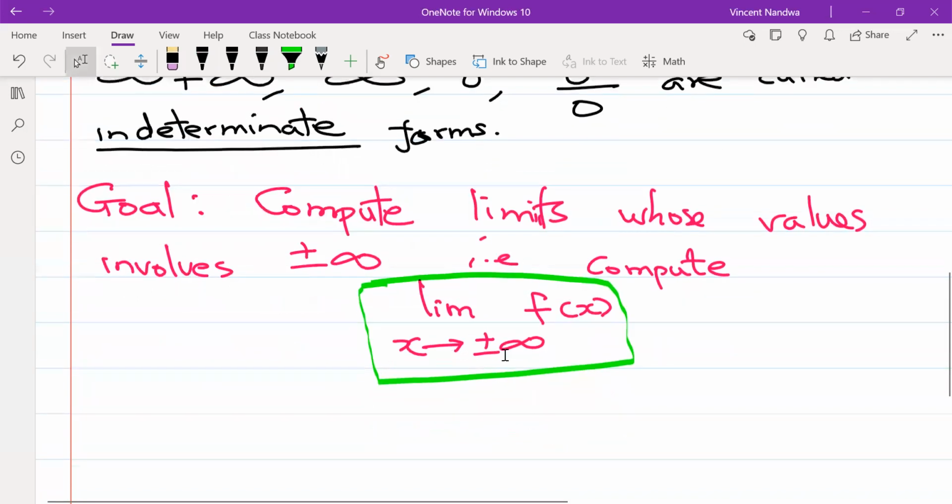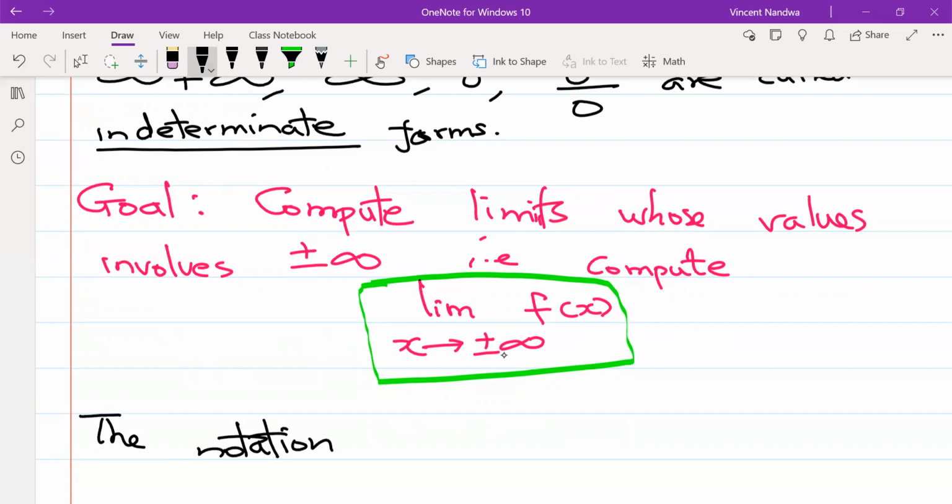So let's explain some notation before we narrow down into the nitty-gritties of the limits themselves. When I write this statement, it means x increases without bounds.